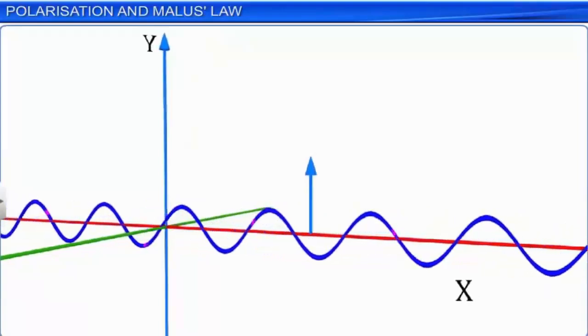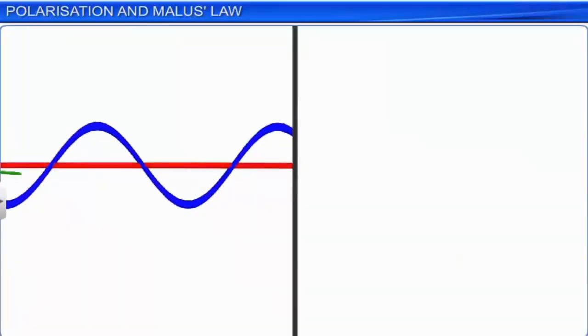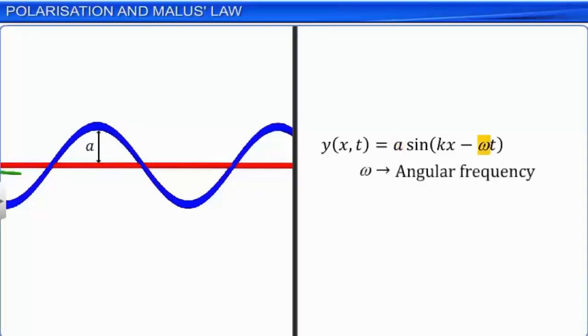Such a wave is mathematically described by y(x,t) equals a sin(kx minus omega t), where a is the amplitude of the wave, omega is the angular frequency, and k is the angular wave number. The wavelength of the wave is lambda and is equal to 2 pi by k.